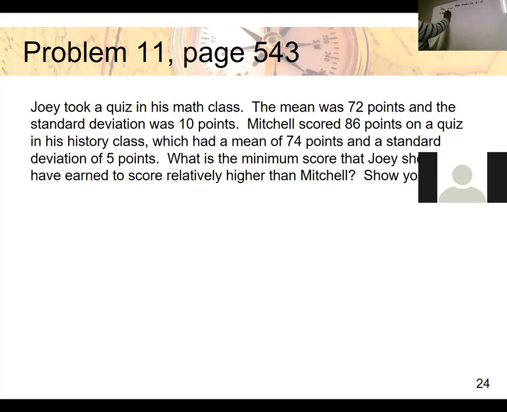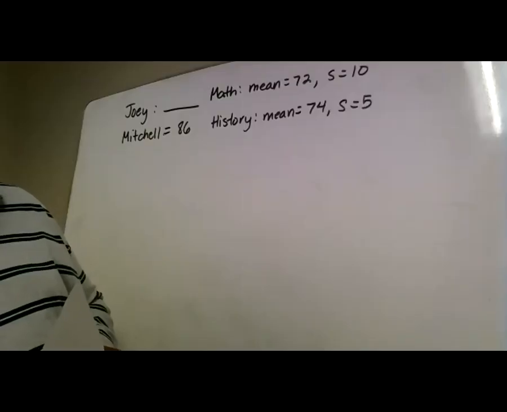Mitchell got a score of 86 on his history quiz. The mean there was 74 and the standard deviation was 5. I'm going to stop sharing my screen so that everyone can see this.